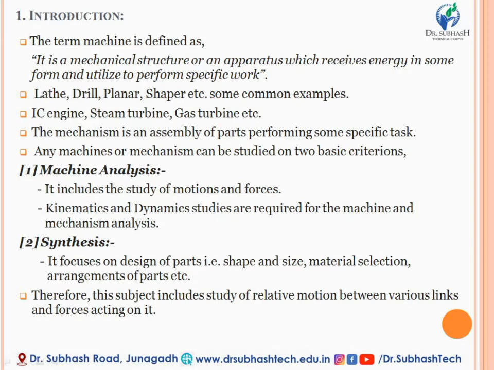For example, take a lathe machine or shaper machine or even a milling machine, which are widely used and available in a workshop. What happens in the case of such machinery? It receives electric energy from electric motors, and through its mechanism which is mounted inside that particular machinery, it gives us the output motion of the tool post.